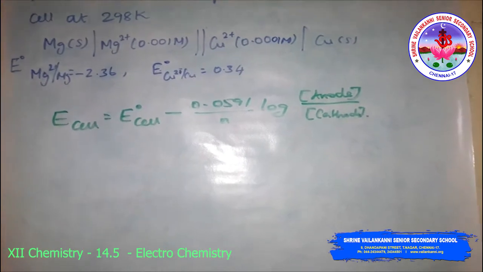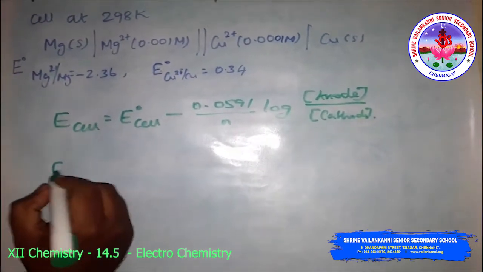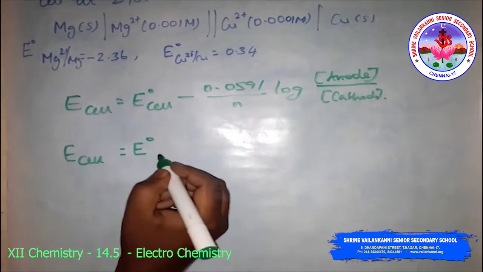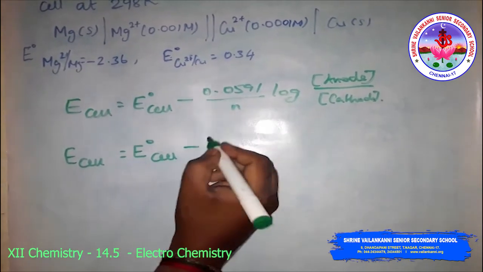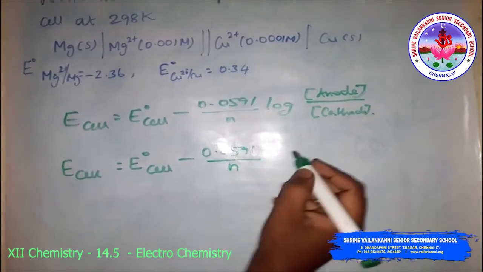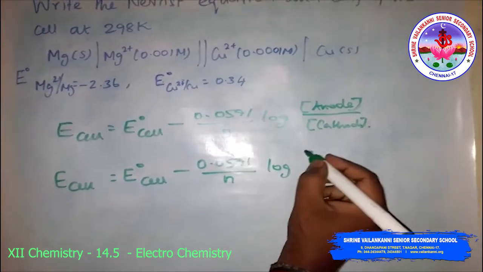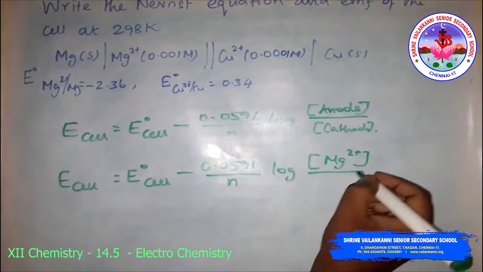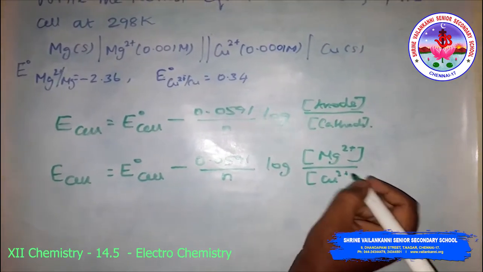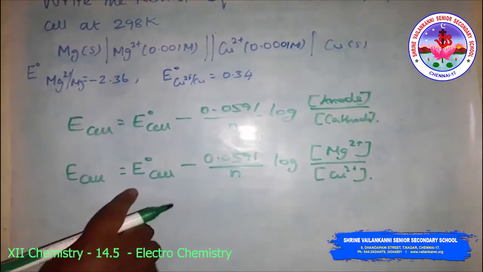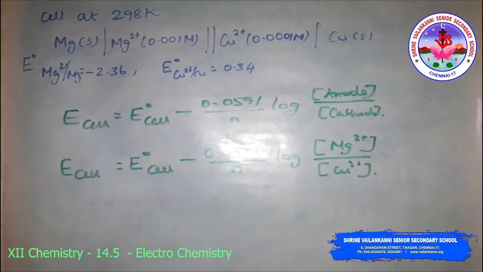So you can write it like this: E cell is equal to E naught cell minus 0.0591 divided by n into log of concentration of Mg2+ over the concentration of Cu2+.